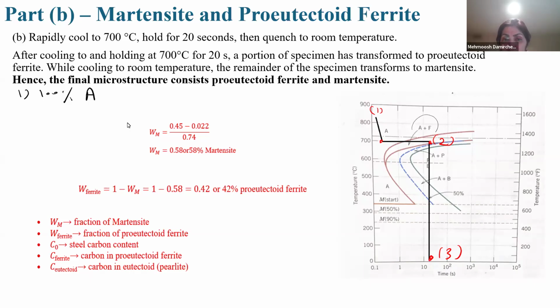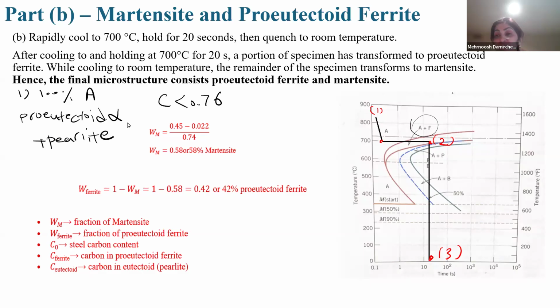What is A plus F? A plus F we only have if C is less than 0.76. If you remember, we say it is hypoeutectoid. In hypoeutectoid, we always have proeutectoid alpha in the phase diagram plus pearlite.